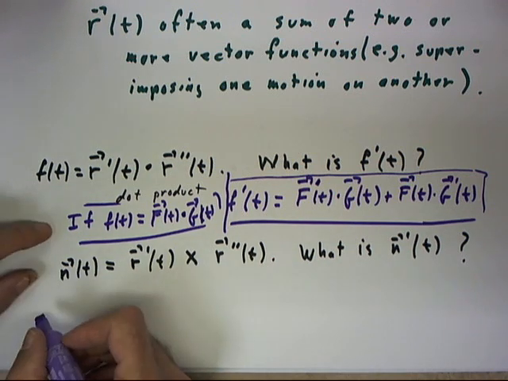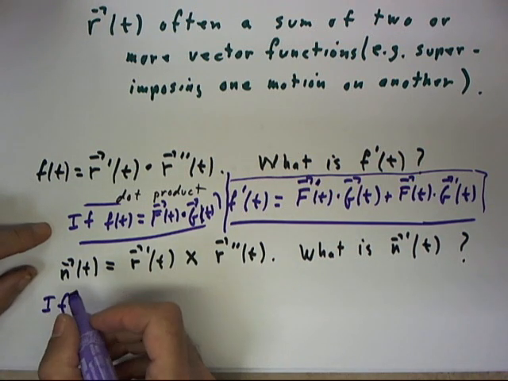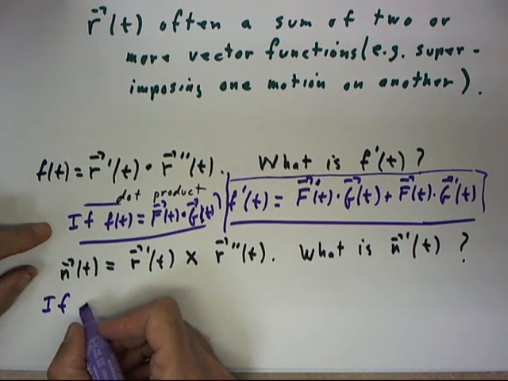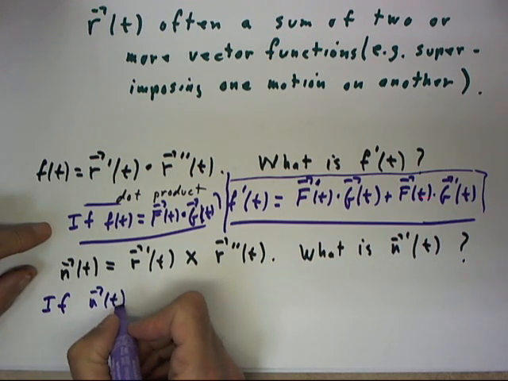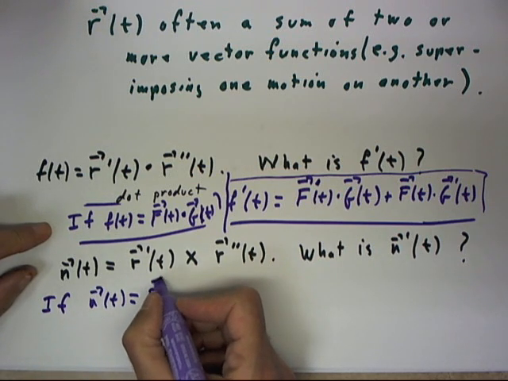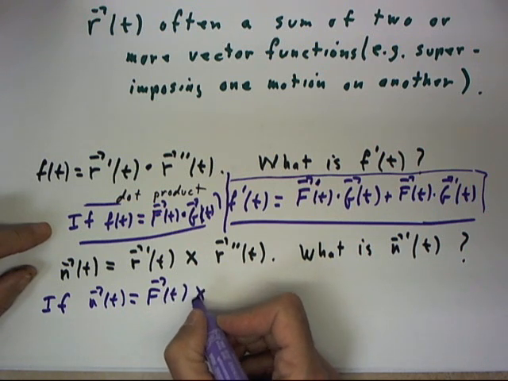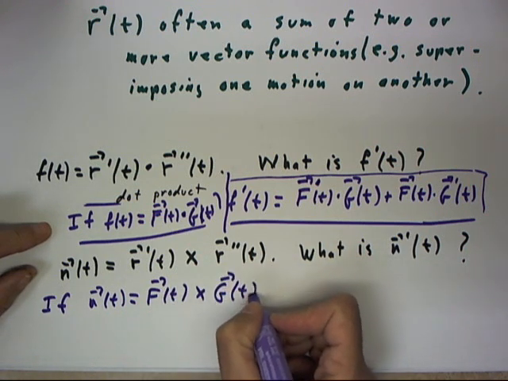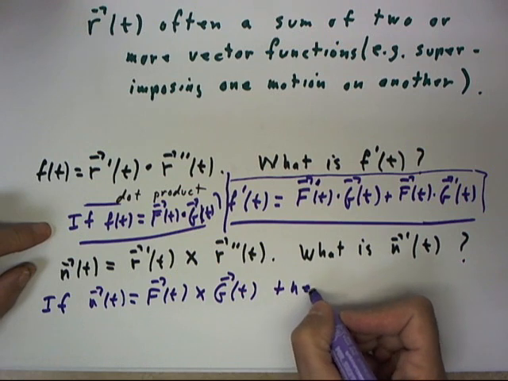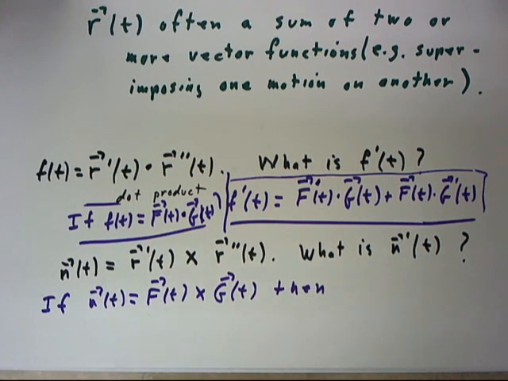Now, similar to the other one, I'm going to use simpler notation. If n of t is equal to F of t cross G of t, then, well, what do you expect?